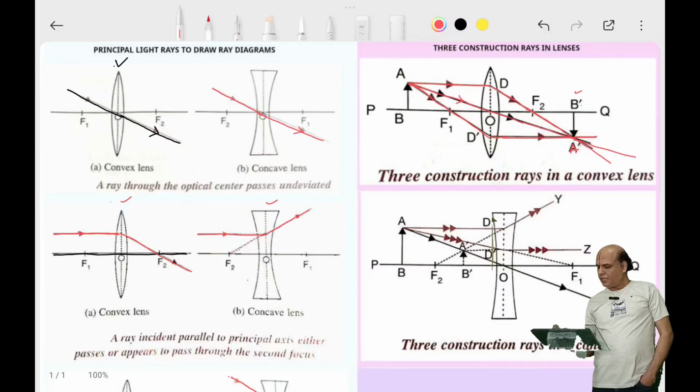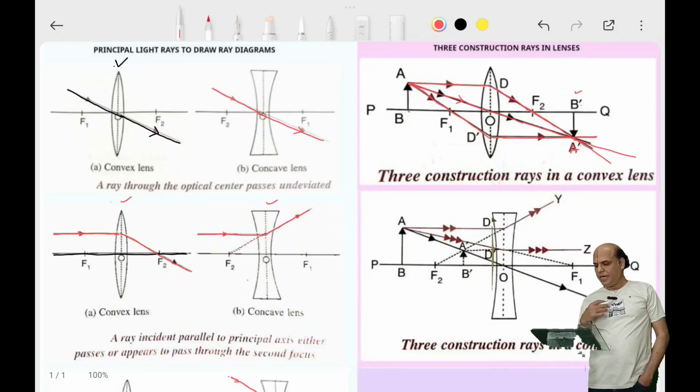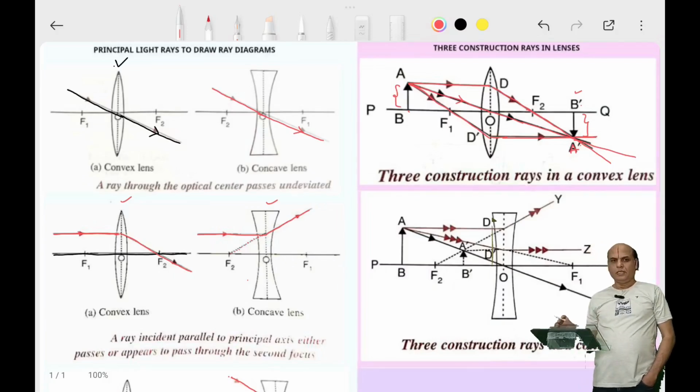So all these three principal light rays meet at point A dash, which is the image of point source A. Likewise, the image of point source B can be arrived at B dash. So if you see, AB is the object and A dash B dash is the image of the object. Here the image is real, the image is inverted.